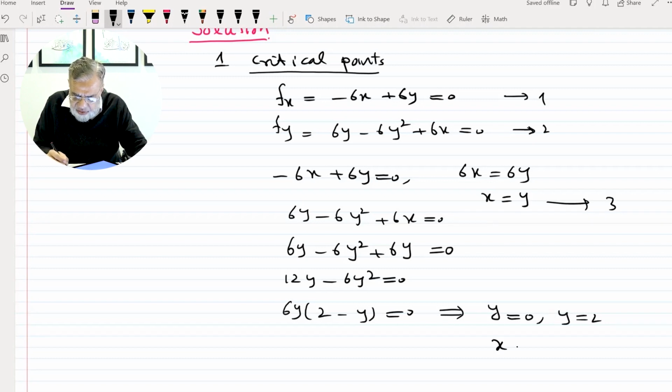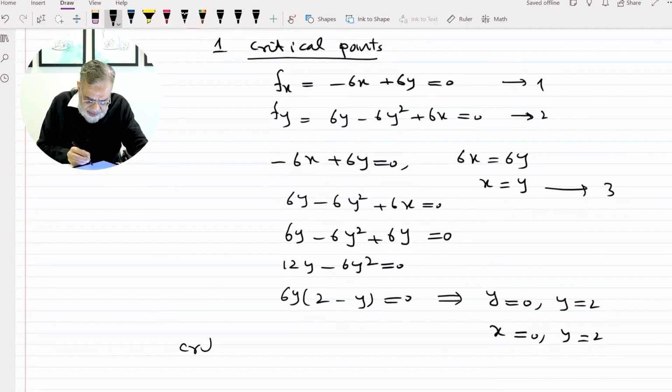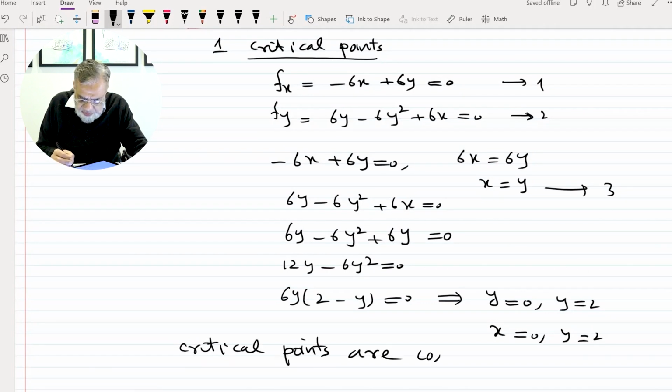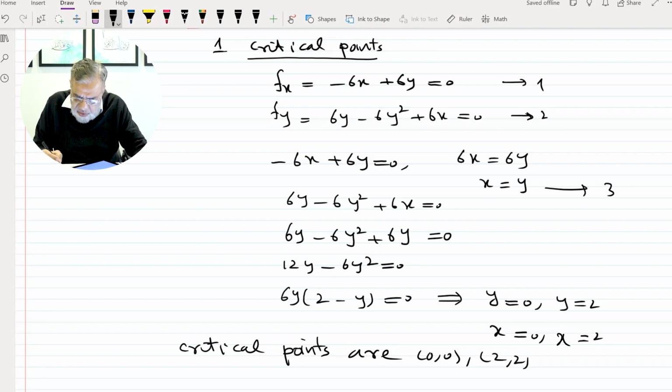So that gives x = 0 for y = 0, and x = 2 for y = 2. Both critical points are in the domain of the function: the critical points are (0, 0) and (2, 2). I get two critical points.